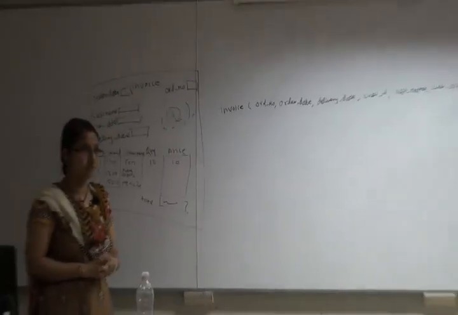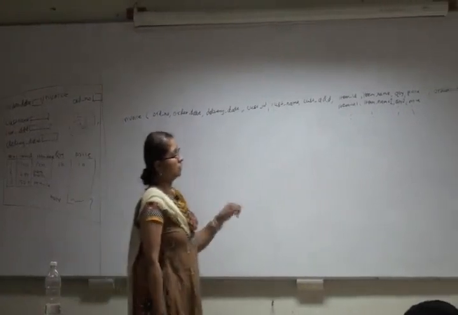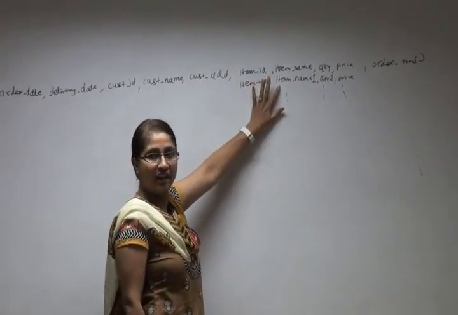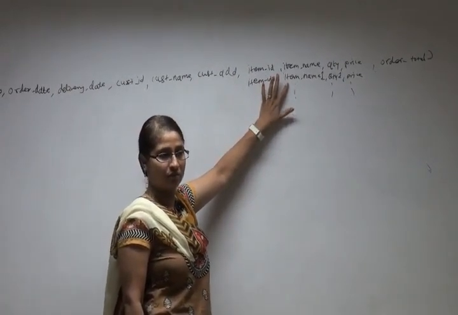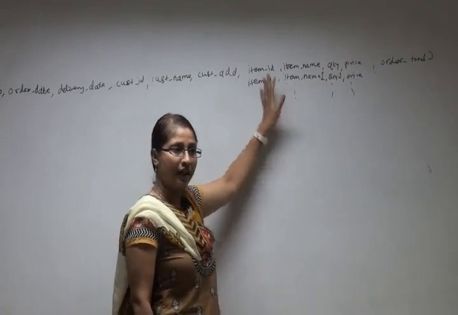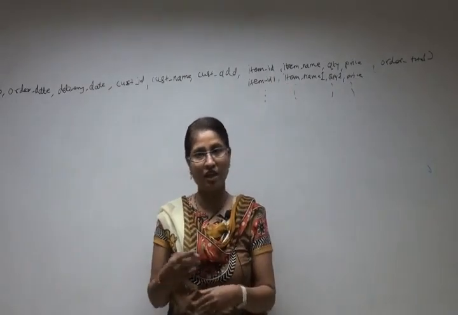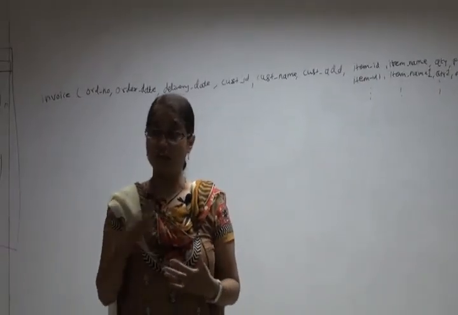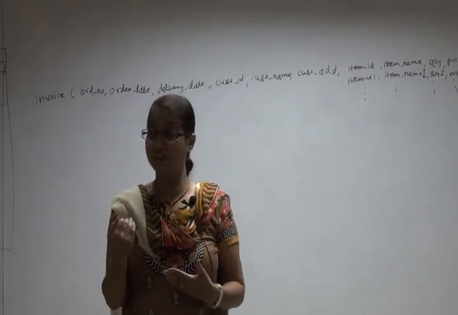Unnormalized data, right? What is happening? The same item is ordered in 100 orders. That means that item name is repeated. That means we are having duplication. And when we started discussing DBMS advantages, we said reduced redundancy.